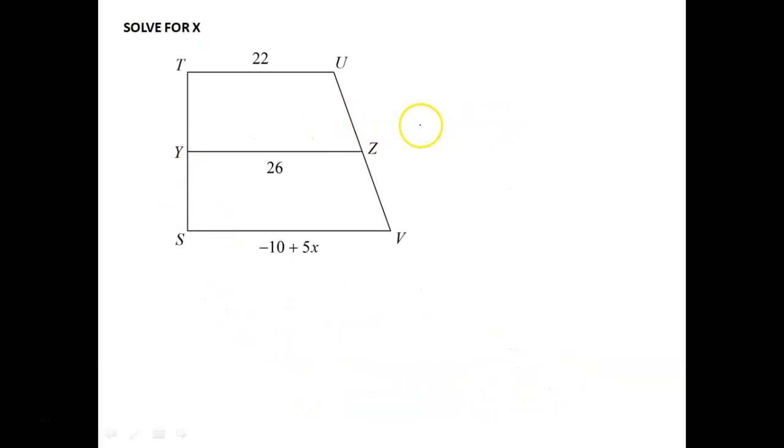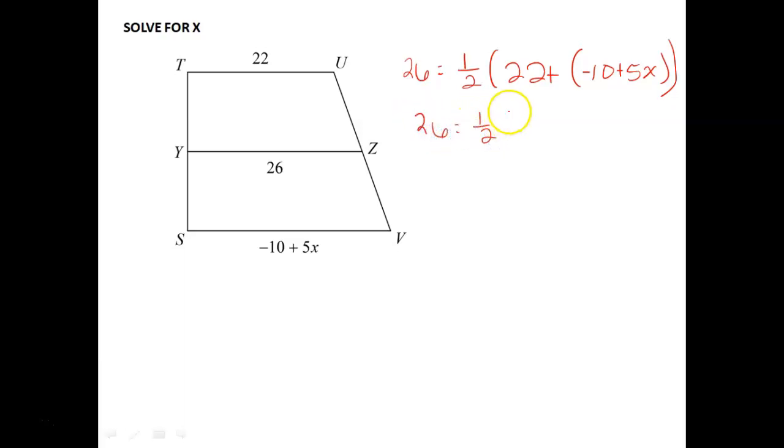All right, we're going to solve for x. Midsegment 26 is equal to 1/2 base 1 plus base 2, which is negative 10 plus 5x. 26 equals 1/2 of 22 minus 5x.